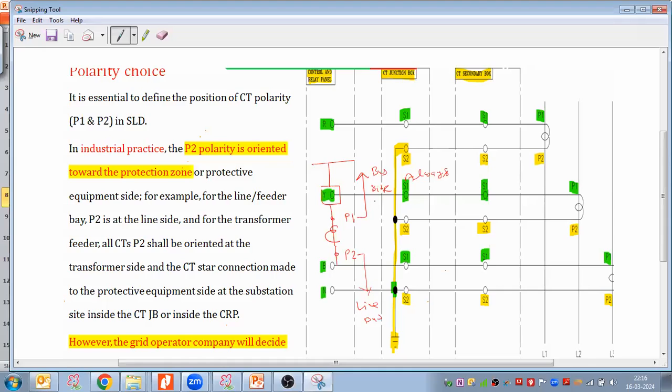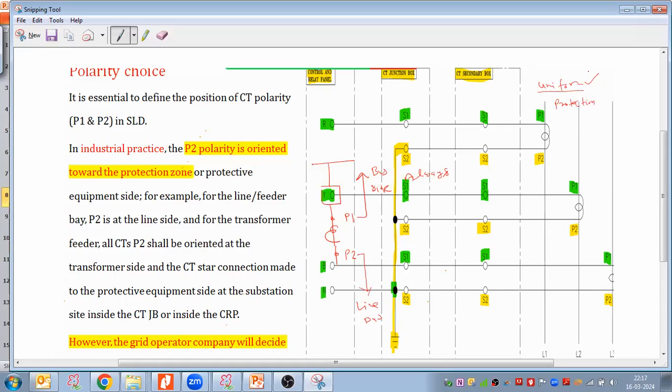Yeah. So why was that thumb rule established? For uniformity and for simplification in protection also. Uniformity, simplification of the protection for the grid operator. So the grid operator wants to keep polarity uniform, right?